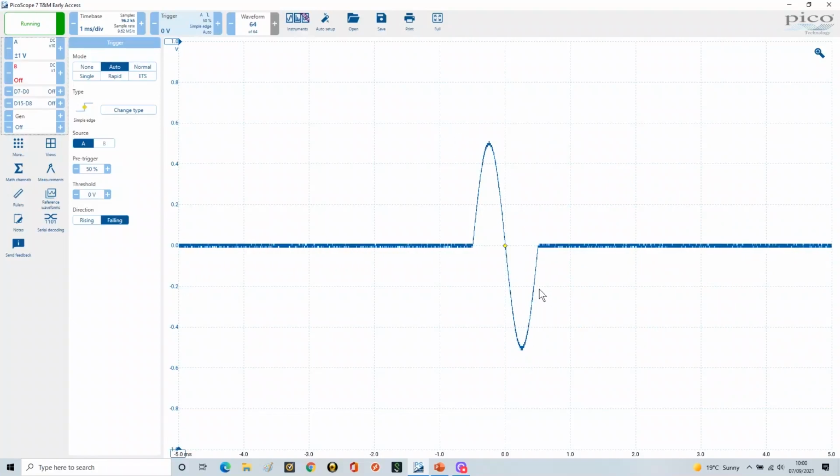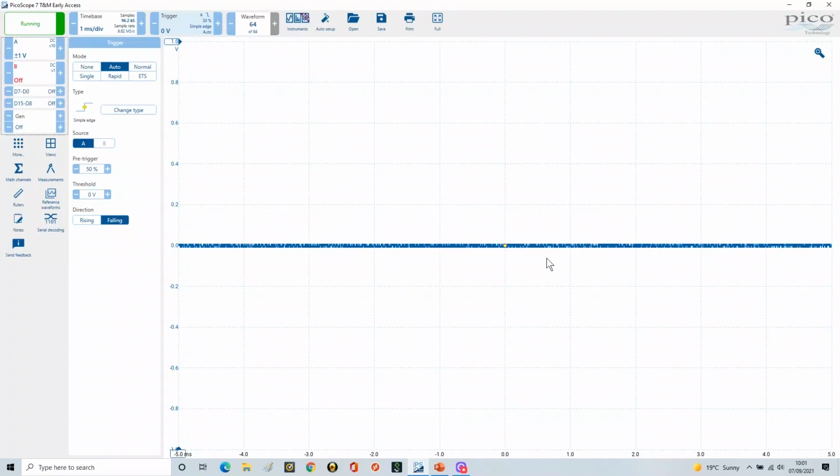But now what I'm going to do is change the burst period to 2 seconds, and let's just put this in 2 seconds. Now what you're going to see now is, because the scope automatically rearms itself, it captures the signal, but then thinks, I haven't had a signal for a while, I'll rearm the triggering mechanism and I'll just run a scan.